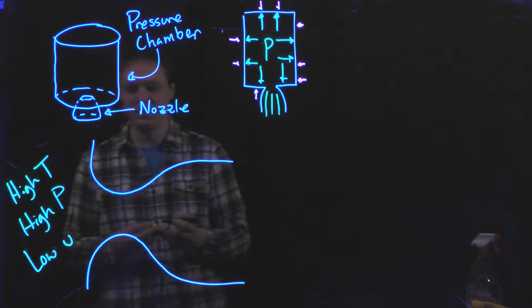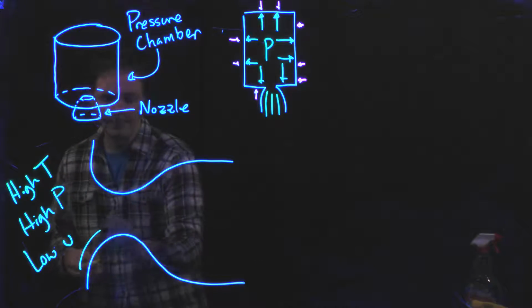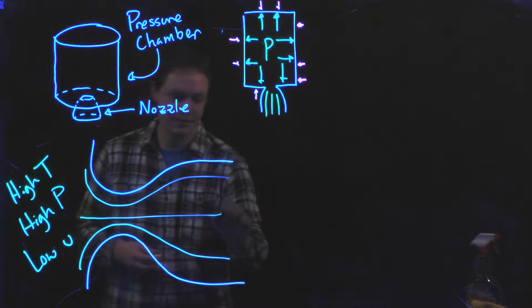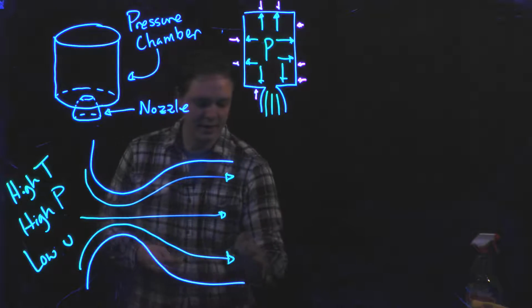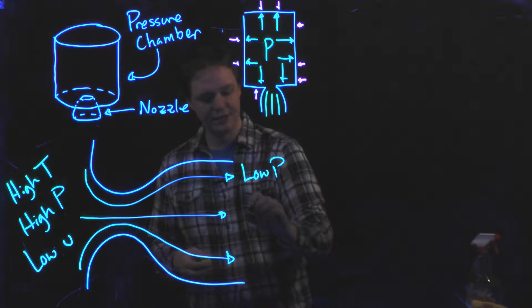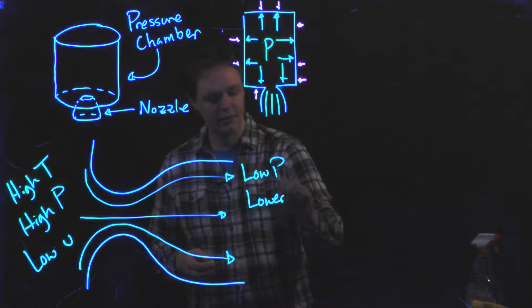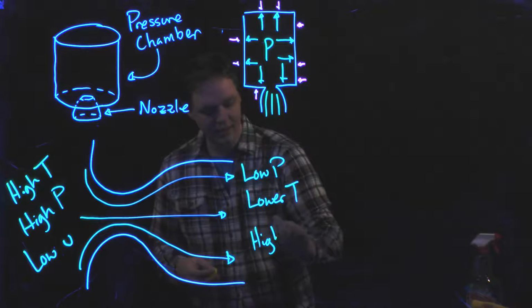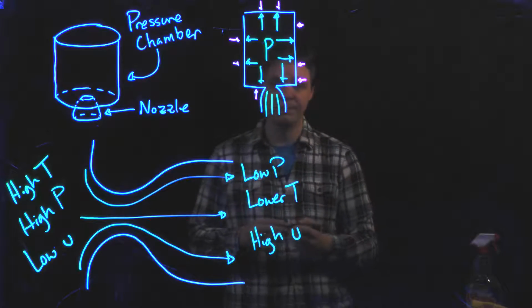We're going to use U as a symbol for velocity. It's going to go through our nozzle, and on the other side we're going to have a low pressure, a lower temperature, and a high velocity U.